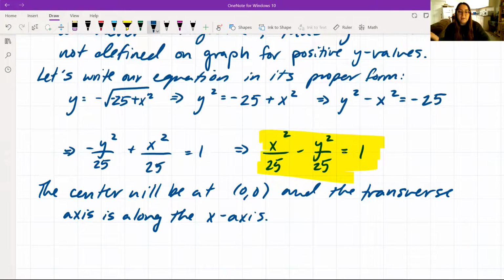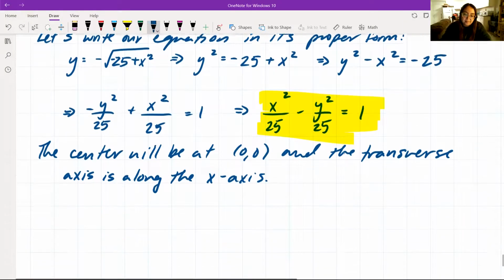So since it's along the x-axis, this means that our graph is going to look like two branches that were cut in half. So instead of looking like just one branch that basically looks like a parabola, we're now going to have two branches that look like they were just cut off for positive y values.